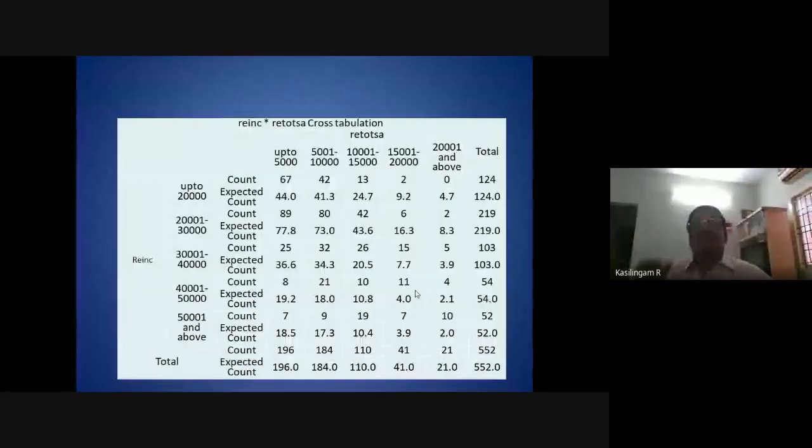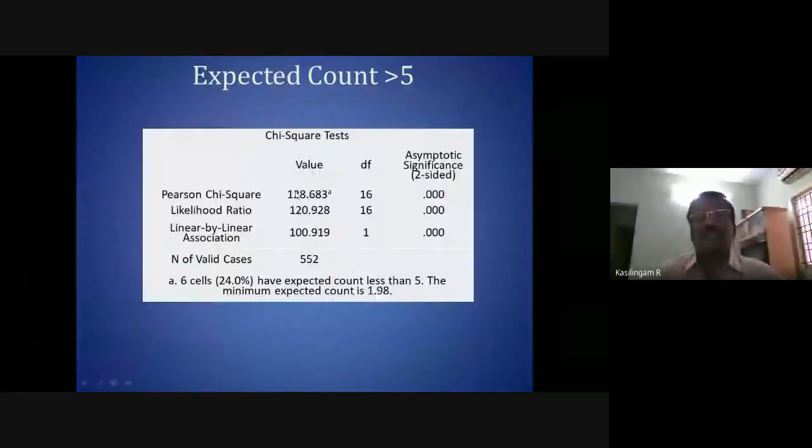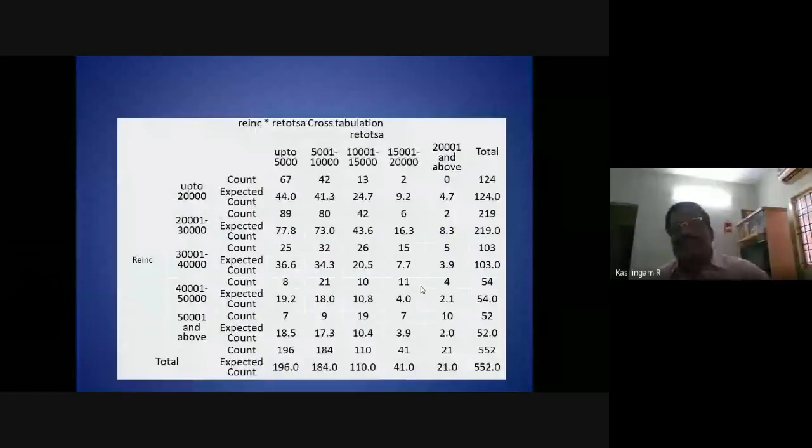Now this output says this calculated value, the main value. This value is calculated with the 6 cells having expected count less than 5. I will come to why. But it says it is a warning. Now I am looking at the expected cell values.